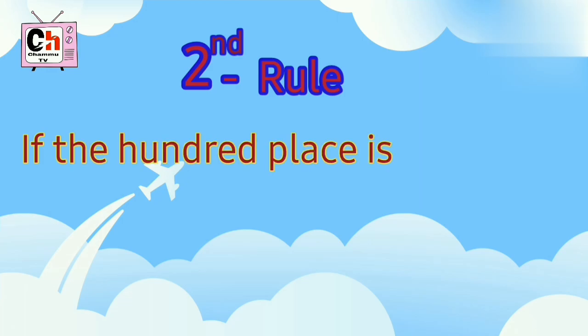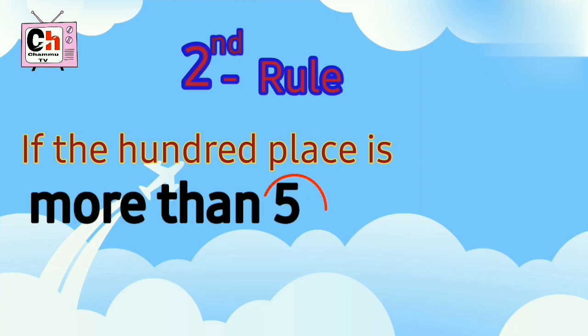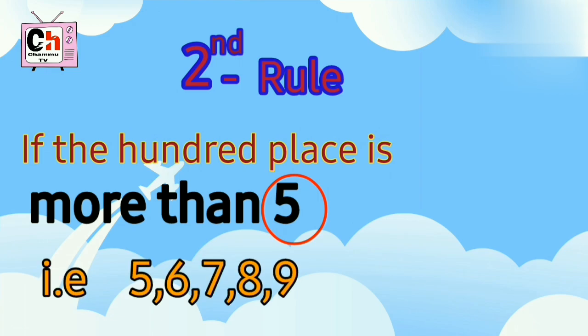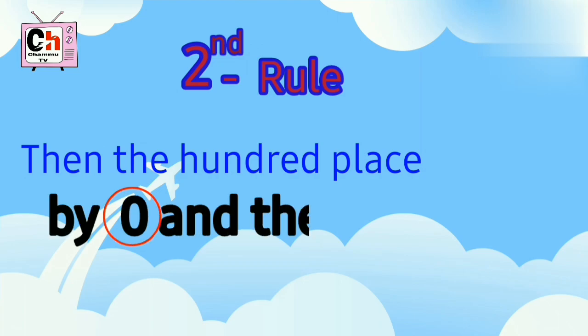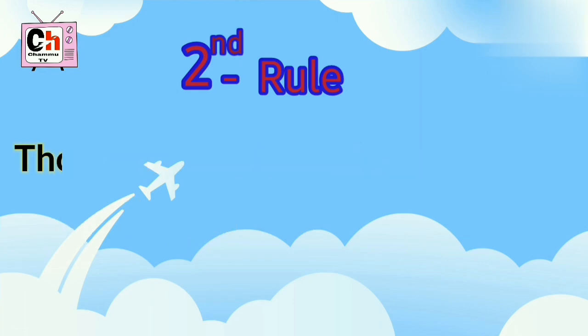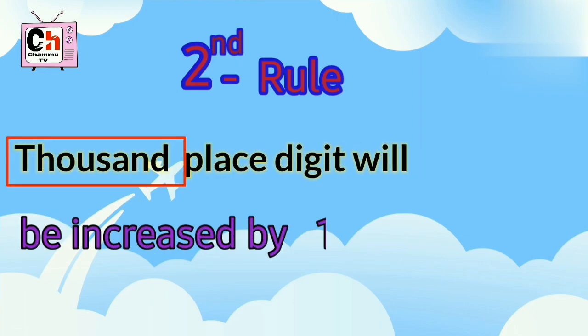Second rule. If the 100 place is 5 or more, that is 5, 6, 7, 8, 9, then the 100 place is replaced by 0 and the 1000 place digit will be increased by 1.